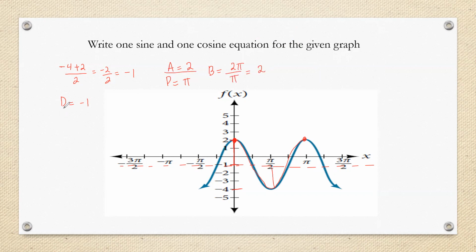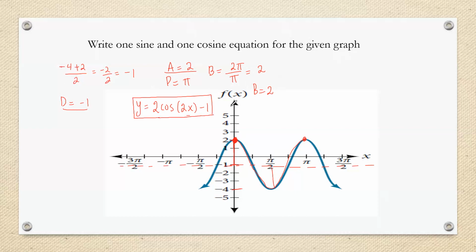So I have A, I have D, I have B. And because I'm writing the cosine equation first, my phase shift is 0, so C is 0. My equation is just going to be y equals 2 cosine of 2x minus 1, and I'm done with the cosine equation.